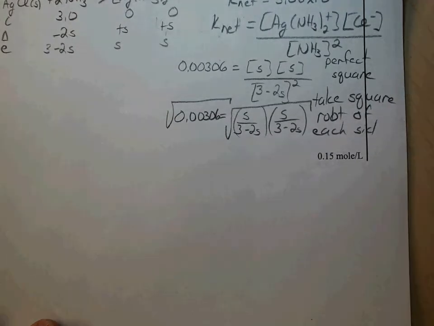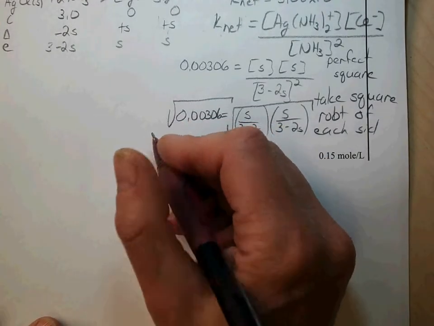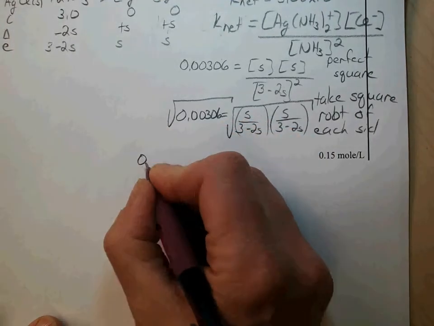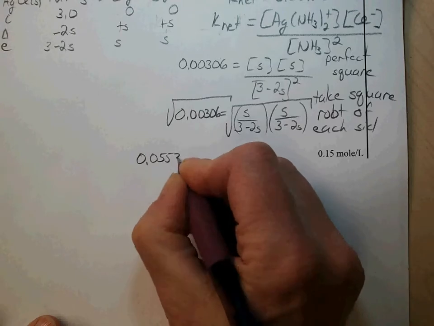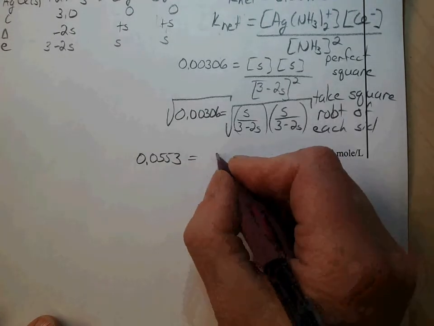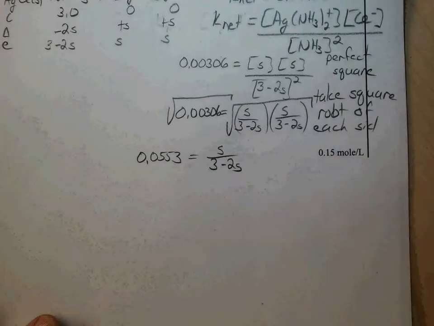The square root of 0.00306 is equal to 0.0553, and that's going to be equal to S over 3 minus 2S.